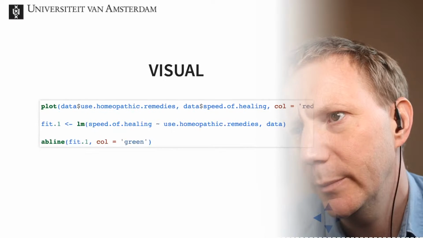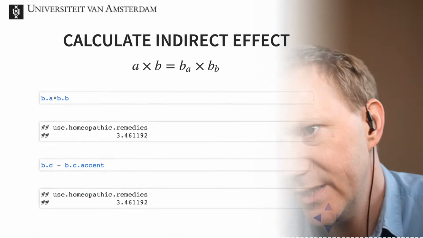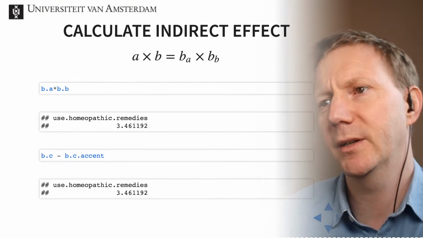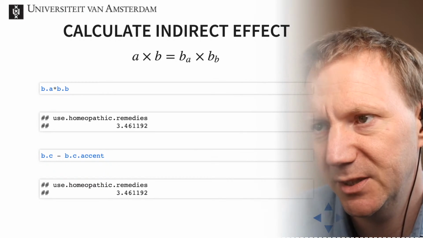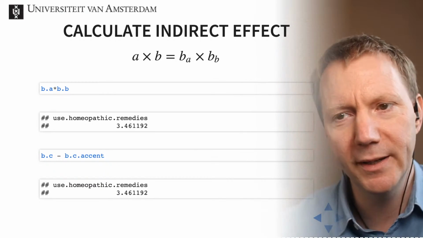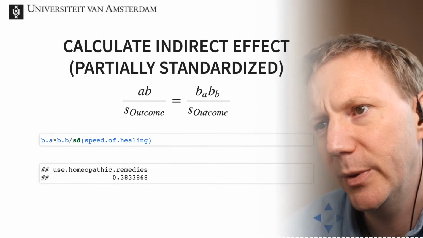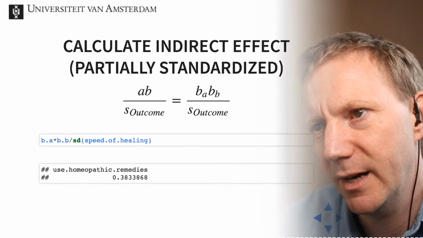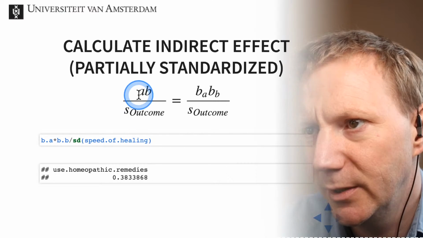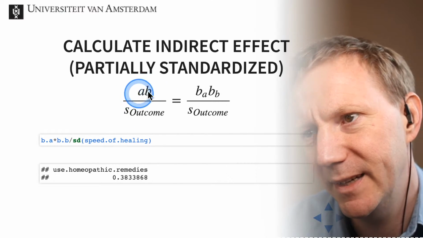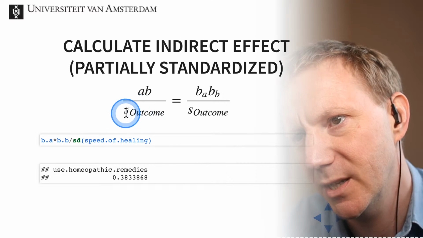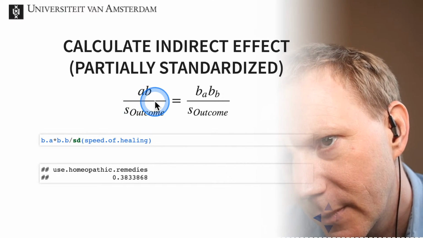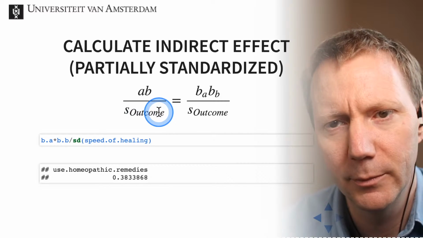So you should be able to calculate a few of these effect sizes. Calculating the indirect effect is simply multiplying the beta coefficients. But if we want to calculate the partially standardized indirect effect, we essentially do the same. We multiply A times B, but we divide by the standard deviation of the outcome.